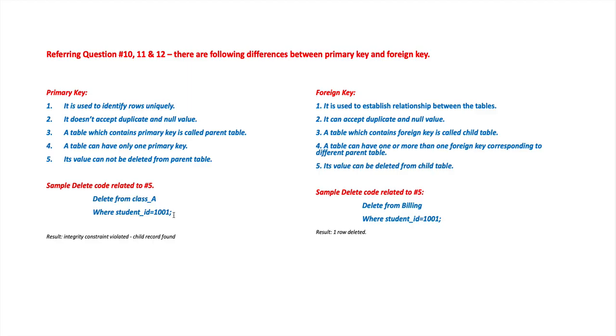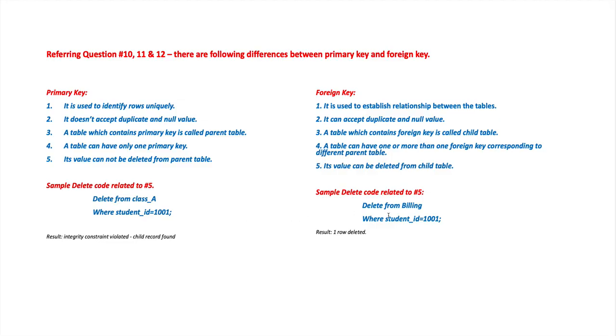In case of parent table, student ID is primary key. I am going to delete one of the primary key values, which is 1001. When we run this code, it will display an error. Error says integrity constraint violated. That means it has found child record. That's why we cannot delete record from parent table.